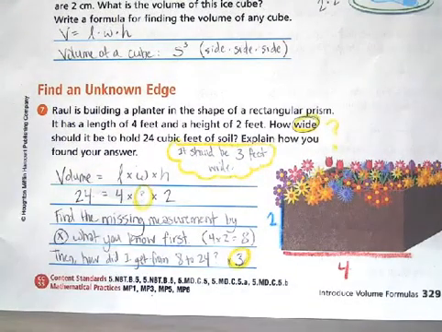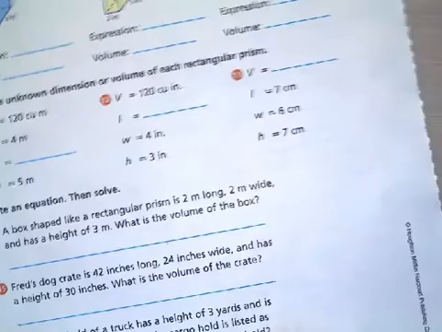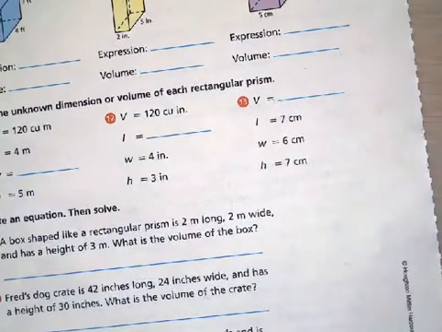Pretty awesome. Turn the page. We're now looking at page 330, and this page is super interesting. This page we're going to use quite a bit of. So right now what I want us to do, I actually really like find an unknown edge. I want you to carefully cut that out right now, leaving the title, find an unknown edge, and number 7.